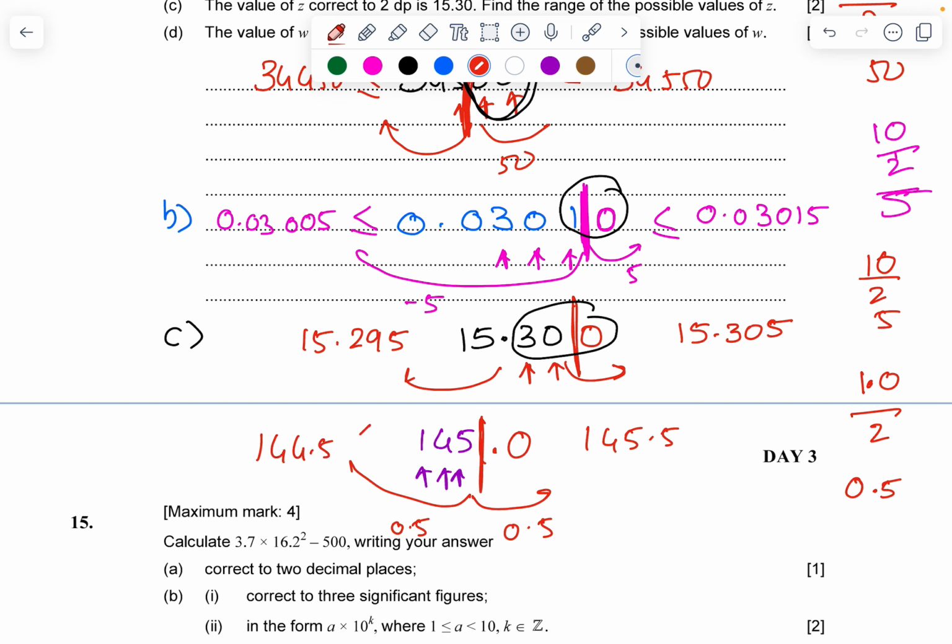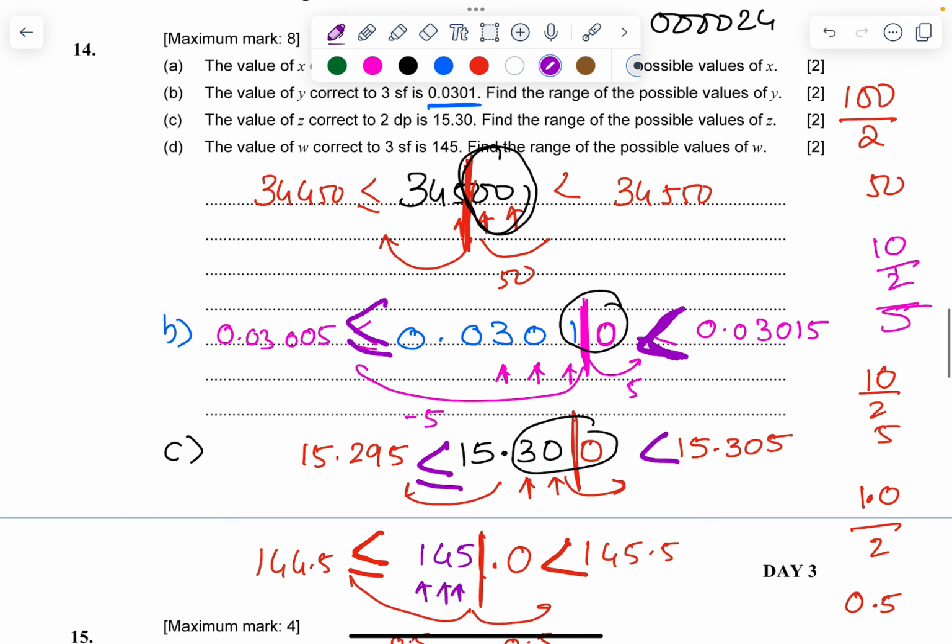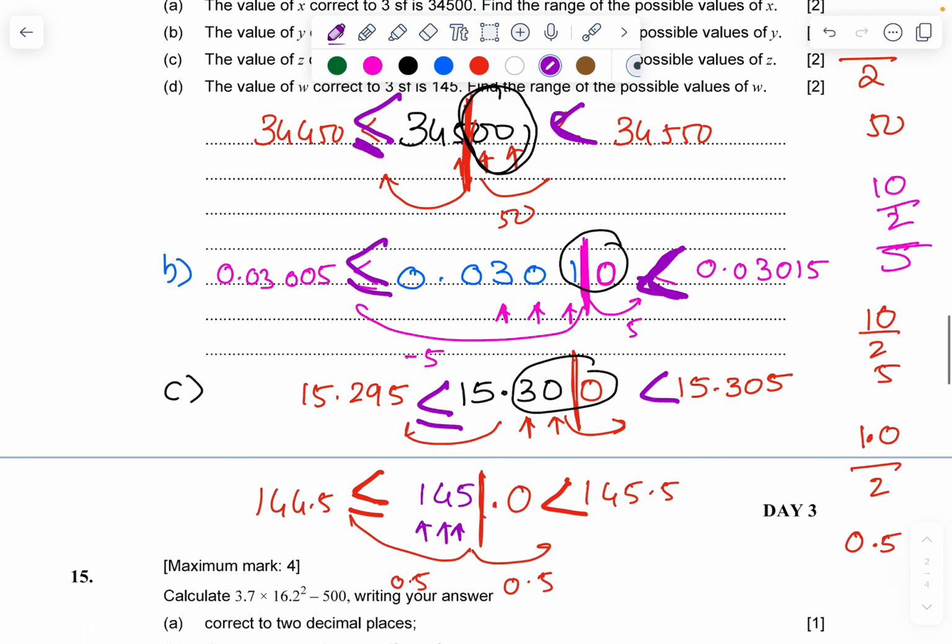That's going to be the answer. Less than or equals to, less than. So remember always the symbol over there: less than or equals to, and less than, not equals to. That should be the symbol for the inequalities.